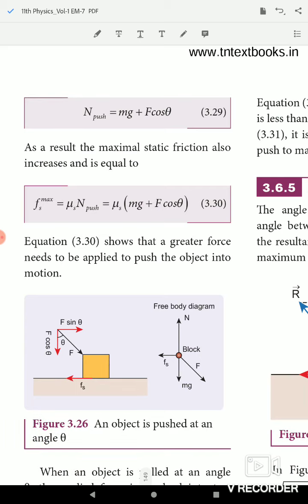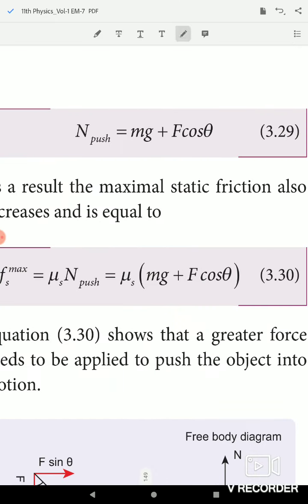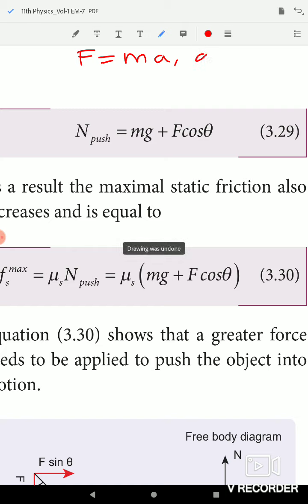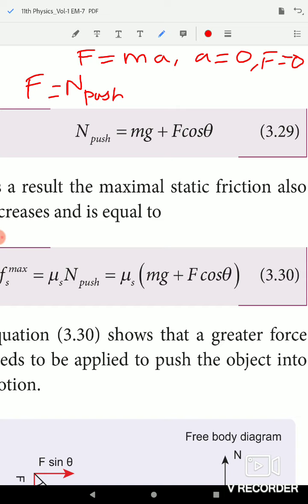How do you write this? You already know, according to Newton's second law, F equal to ma, but a becomes 0, so net F equal to 0. In this case, normal push acts upward, then the downward forces are mg and F cos theta.